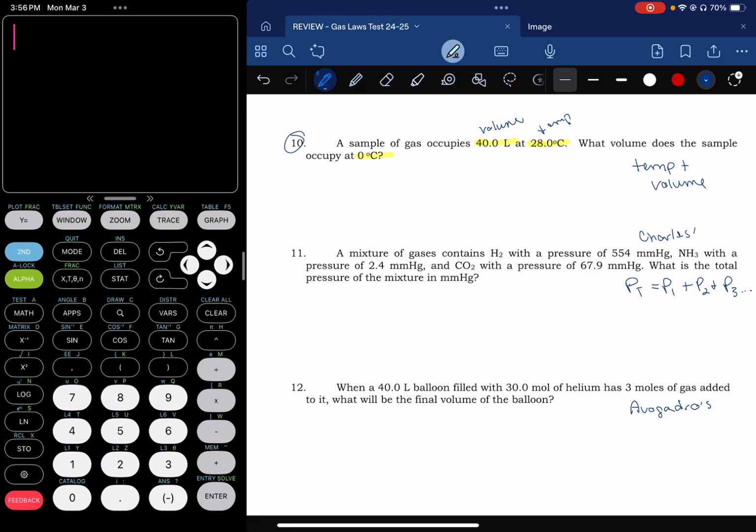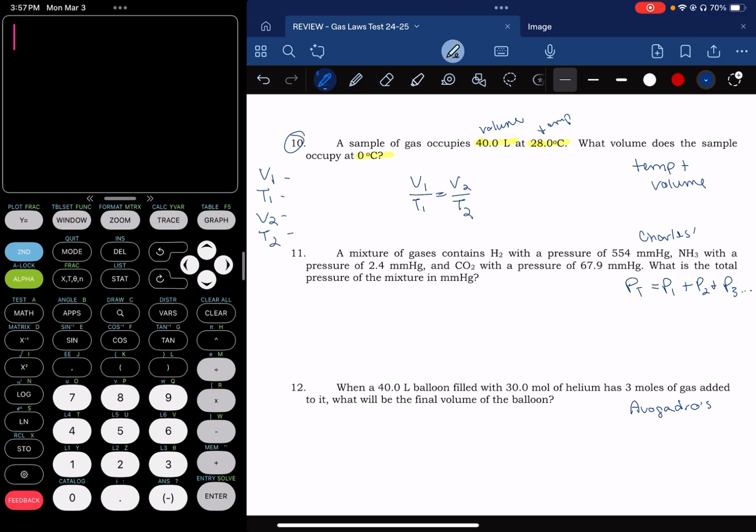And our equation, we want to write it down. Let's write it over here: V1 over T1 equals V2 over T2. What I have taught you to do is identify your variables and actually write them out. Our initial volume and initial temperature, V1 and T1, and then a final volume and final temperature.